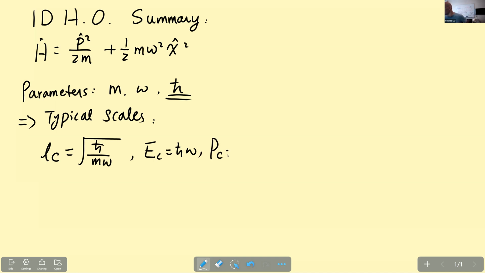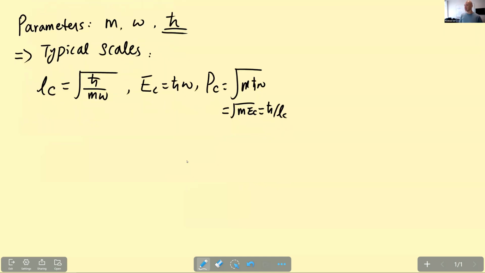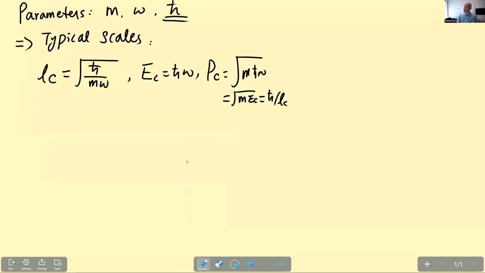And the typical momentum scale will be just m times h bar omega, that equals, of course, h bar over the length scale. So these are the first things that we have learned about this harmonic oscillator. It has a typical length scale, a typical energy scale, and a typical momentum scale.